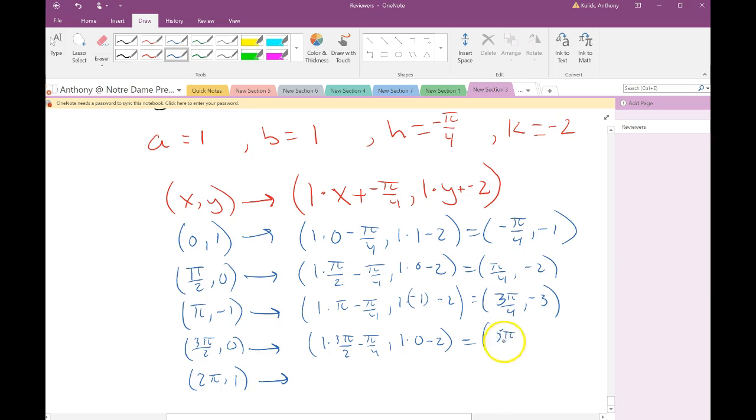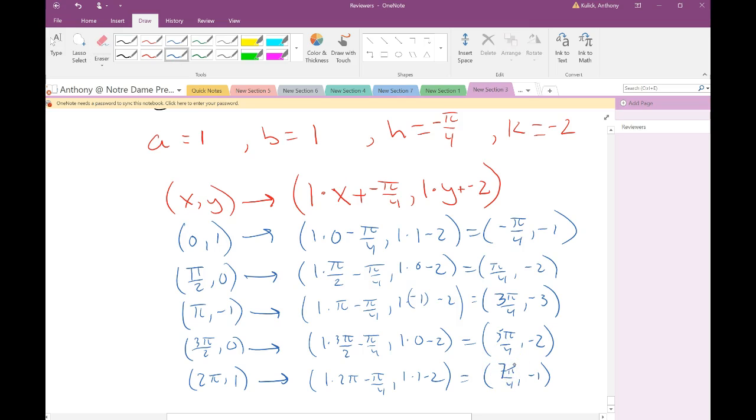That's 6 pi, so 5 pi. At the very end, that's a 7 is what that's supposed to be.